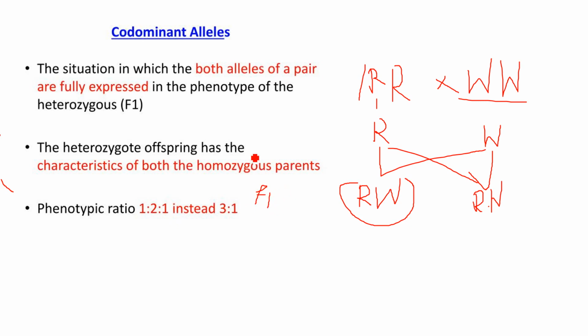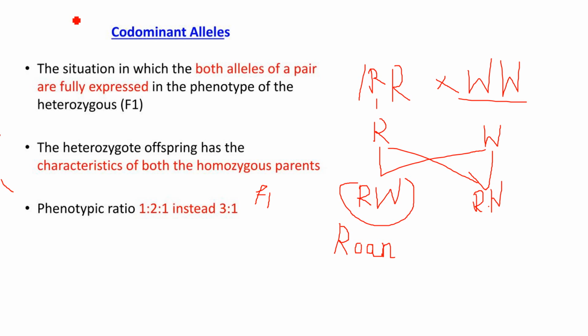This type of cattle is called roan because it has a mixture of both colors, red color and white color, and so it is termed roan, where both colors appear in the F1 generation equally. So both the traits are expressed equally.